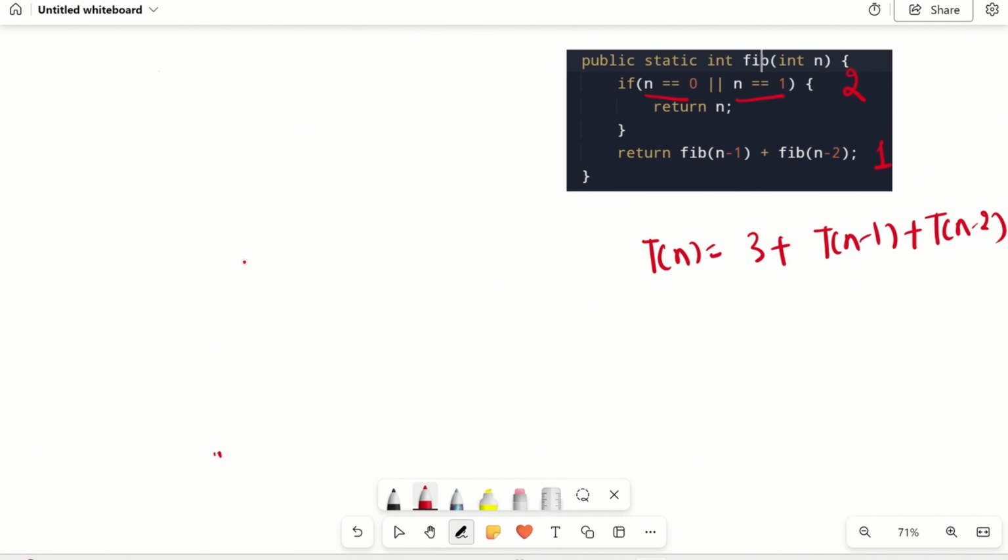It's not a simple process. We have to create the recursion tree for that. So to calculate Tn, I have to calculate Tn minus 1 and Tn minus 2. Let's take the example of n equals 5. So you have to solve this Fibonacci function for f4 and f3, right?